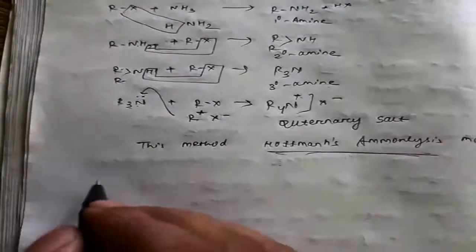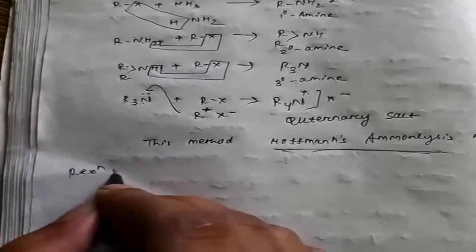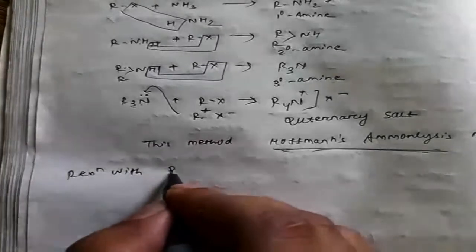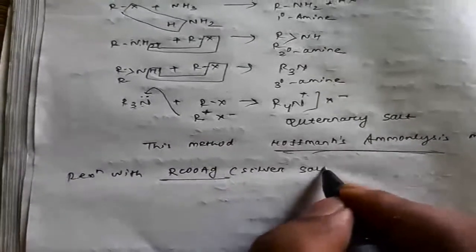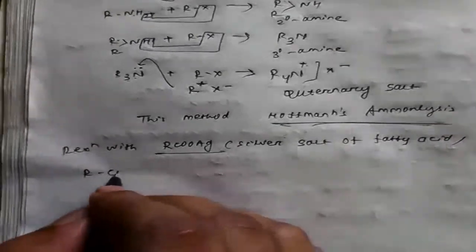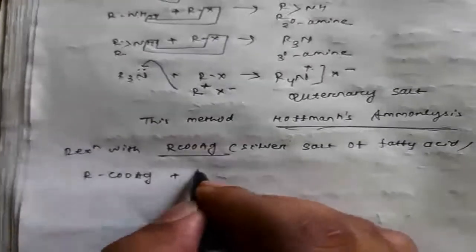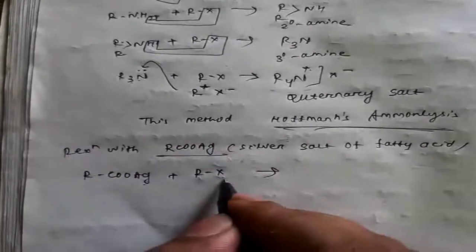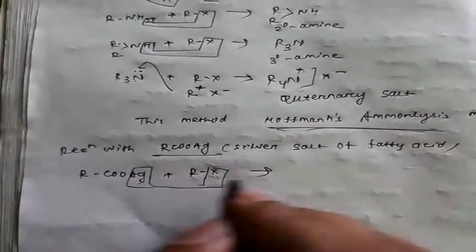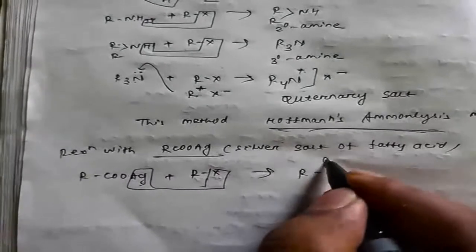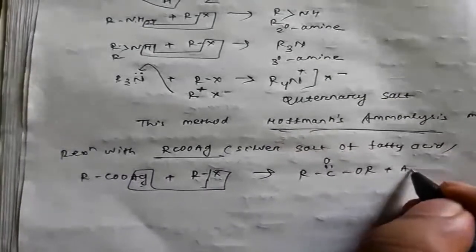Particular name. Then reaction with silver salt of carboxylic acid, RCOOAg. This is silver salt of fatty acid or carboxylic acid. RCOOAg plus RX, Ag positive and X negative combine to give AgX. The remaining product is RCOOR plus AgX.